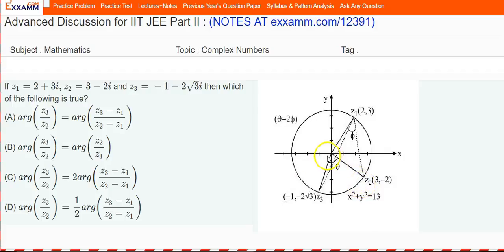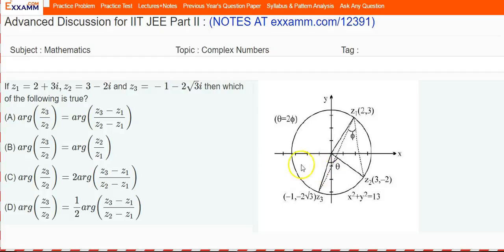But if their moduli are equal, then in such a case the center of the circle would be the origin, because OZ3 is modulus of Z3, OZ2 is modulus of Z2, OZ1 is modulus of Z1. If they are equal, it means O is the center.